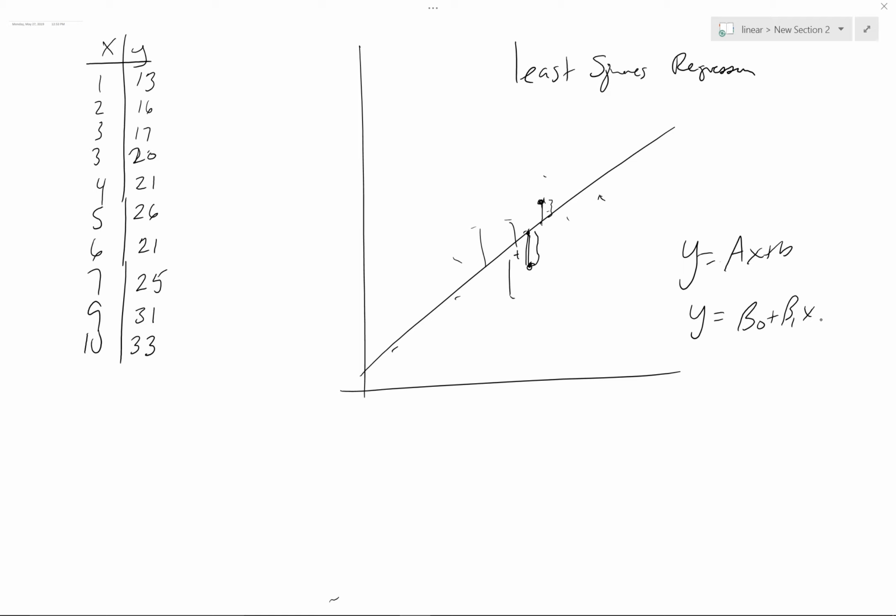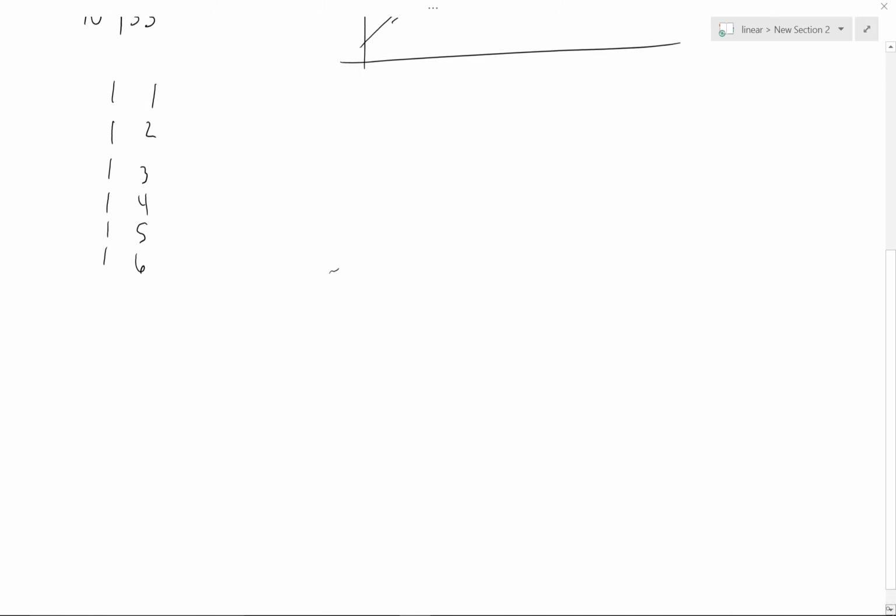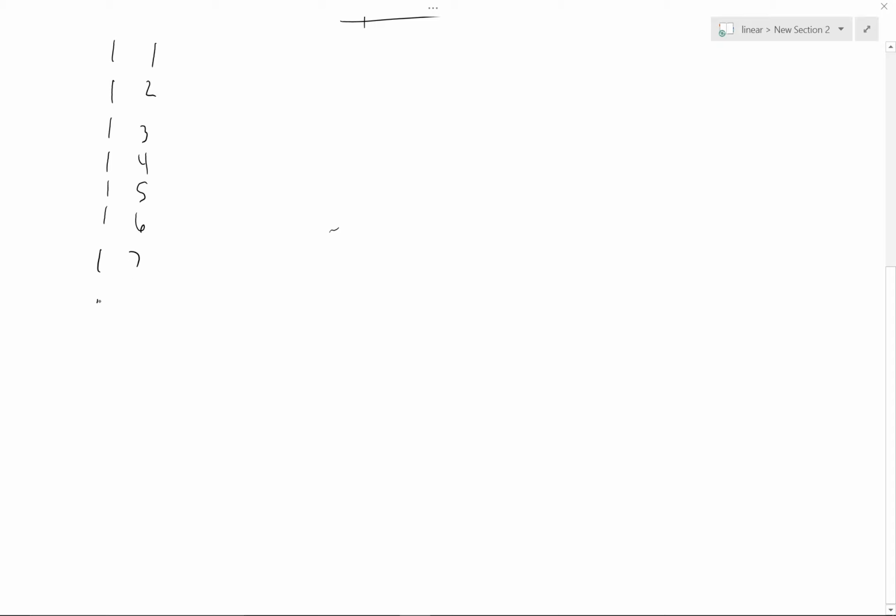First and foremost, what you have for x's is a matrix that looks like this, where this column is all about the constants.